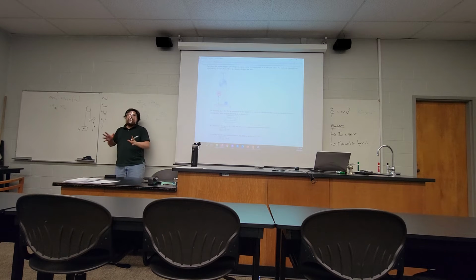Additionally though, that's not the only form of energy present here, because both objects are moving at this point. Both objects are tied together and have the same magnitude of velocity, so they will both have kinetic energy here.